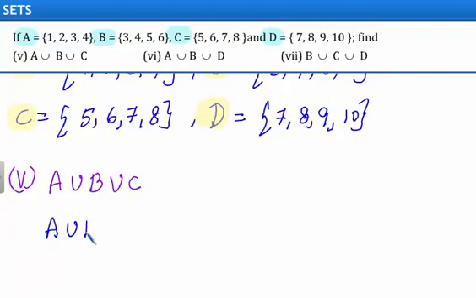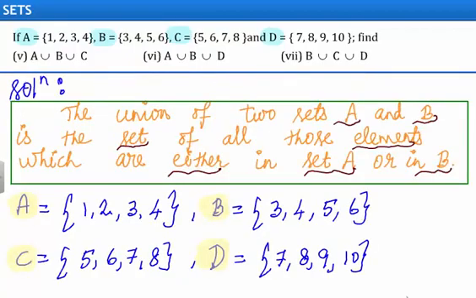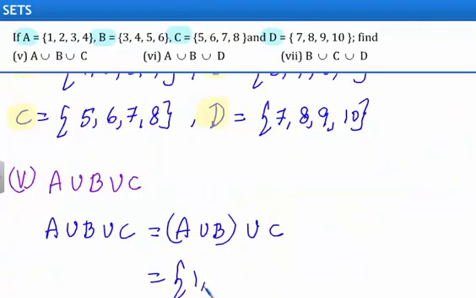A union B union C can be written as A union B union C. So first let us write A union B. A union B is the set of those elements which are either in A or in B. So this will be equal to 1, 2, 3, 4, 5, 6.